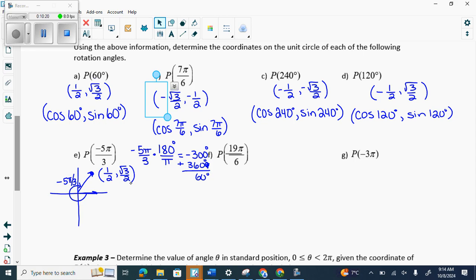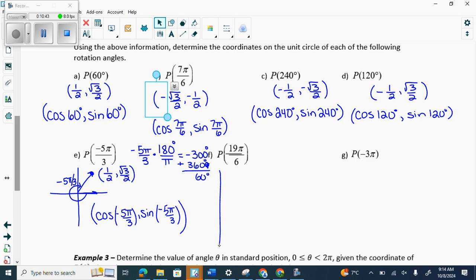Like there's many ways to get to that same spot. Do you know what I'm saying? And we can check it by going cos of negative 5 pi over 3, sine of negative 5 pi over 3 as a coordinate.